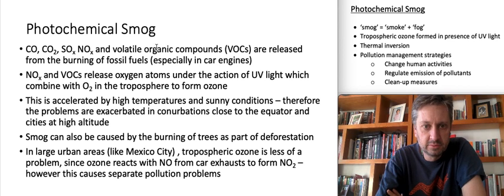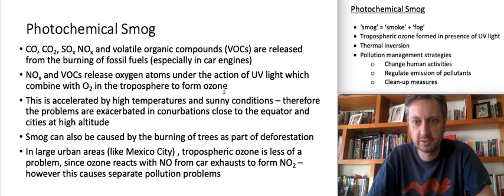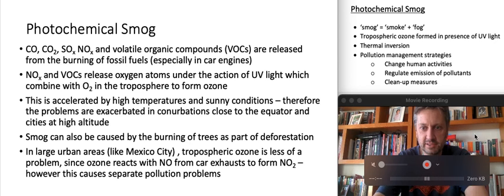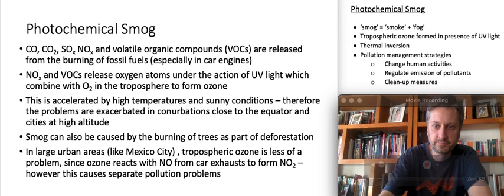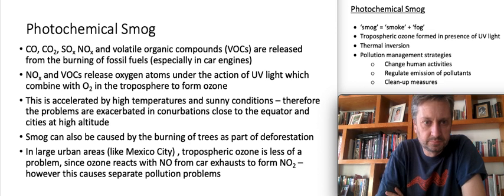Okay, so let's go through these things in some detail. Volatile organic compounds, or volatile organic carbon. These are particulate matter that can volatilize or turn into gases very, very easily, so very, very low boiling point compounds.